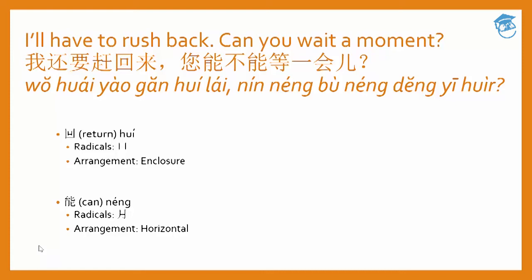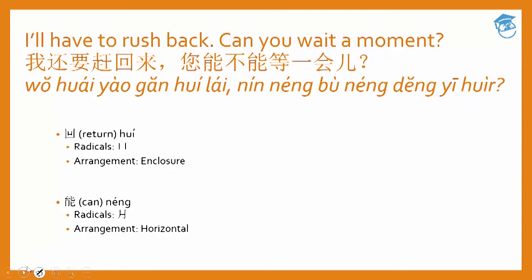And 一会儿, I know it sounds new to you, but 一会儿 means a moment. Okay, so 会 is not only used in will, but when it's combined with other words like 一会儿, it means a moment. Okay, so the whole sentence 您能不能等一会儿 shouldn't be that difficult. It just means, can you wait a moment?